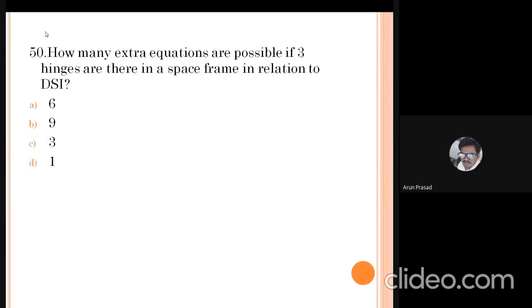Again the same thing, only the difference is the space frame. So try to find this. Whether the answer is 6 or 9 or 3 or 1.